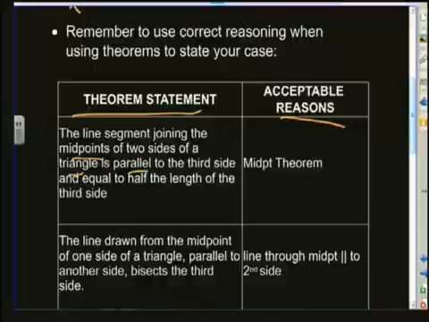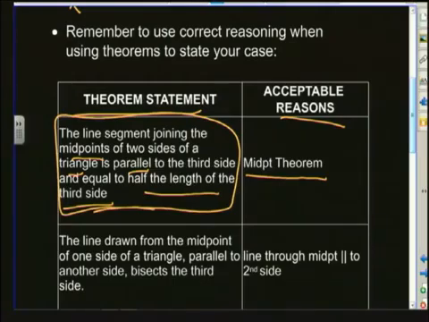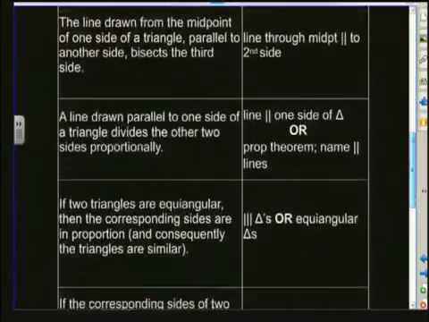The first one: the line joining the midpoints of two sides of a triangle is parallel to the third side and equal to half the length of the third side. The acceptable reasoning when you use that theorem statement is the midpoint theorem. So you won't rewrite the entire statement out. It's appropriate and acceptable to write that reason as the midpoint theorem.